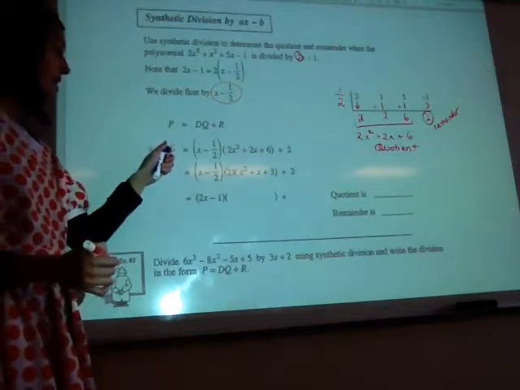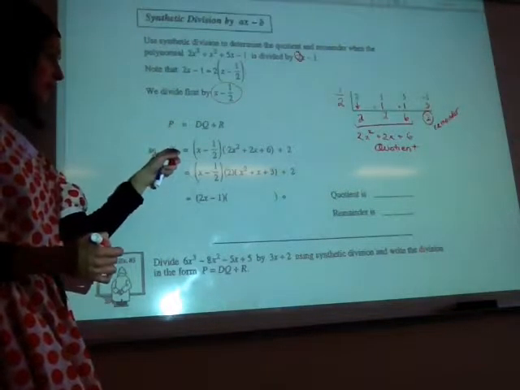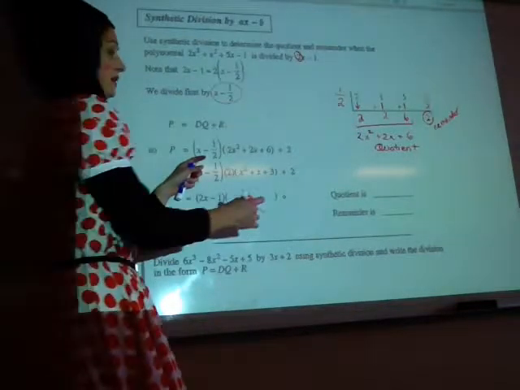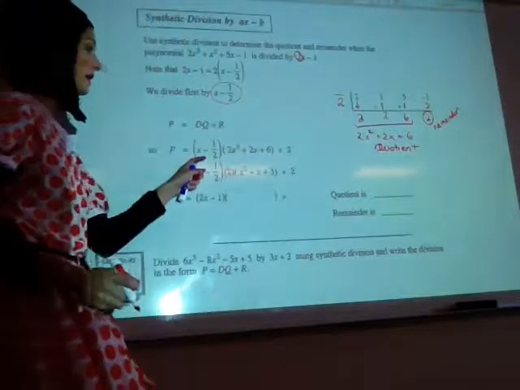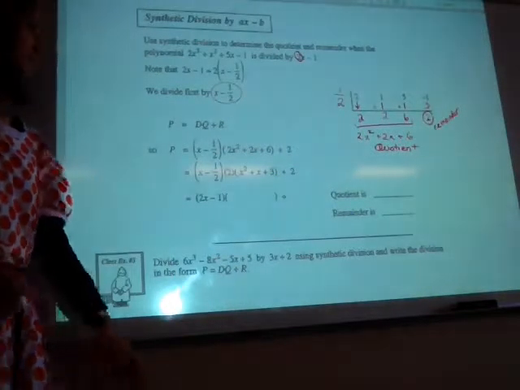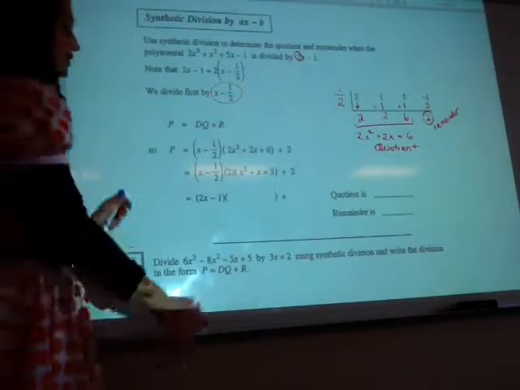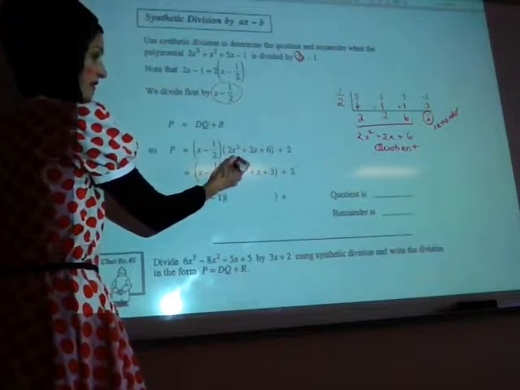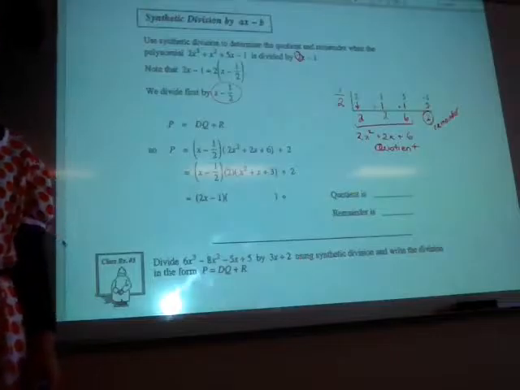Okay, so writing it in this form, we first divided by x minus 1/2. That's why we had positive 1/2 there. We ended up with this quotient and our remainder positive 2. What we have to do is look at the quotient we found, and factor out a common factor.